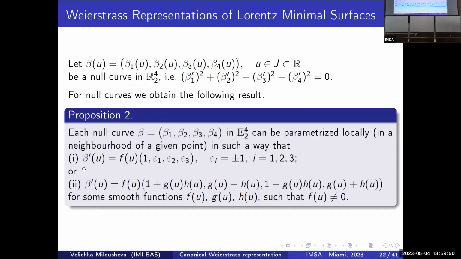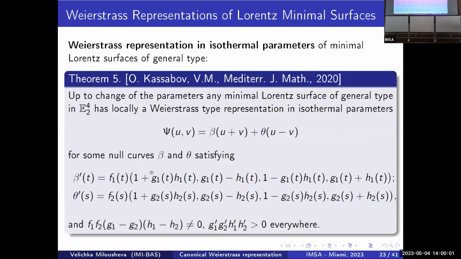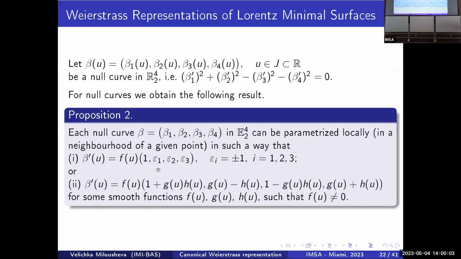In the first case, beta prime is determined by one function f and this vector, which is a constant vector. Here epsilon 2 and epsilon 3 are plus or minus 1, and we have one smooth function f. This is the trivial case.